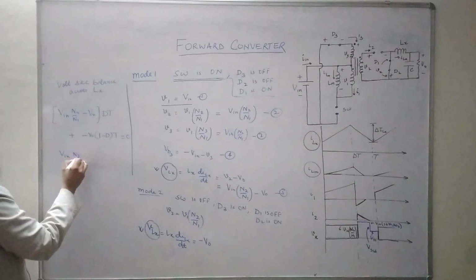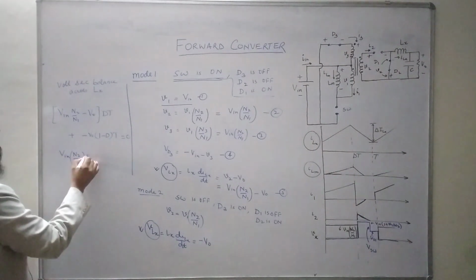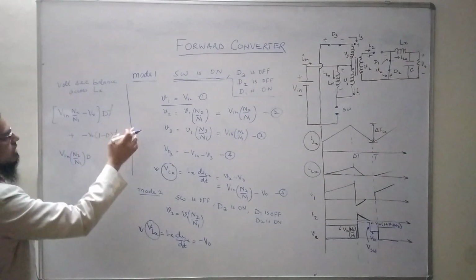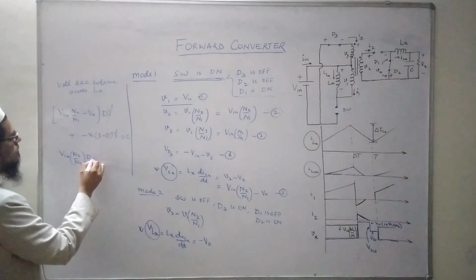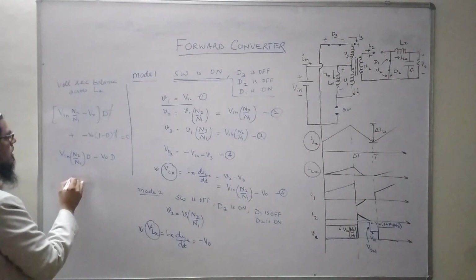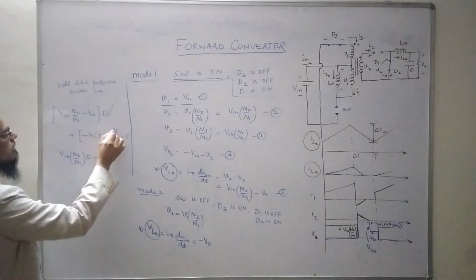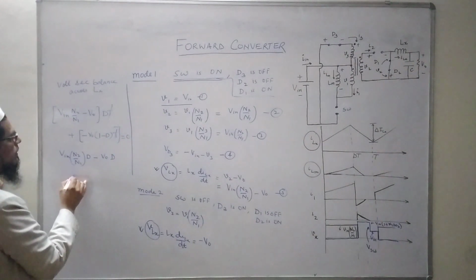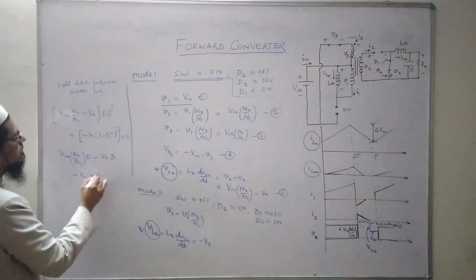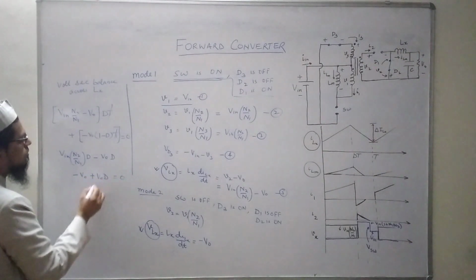V in N2 by N1 times d, and I can cancel T and remove it, so this minus V naught d, and this would result in minus V naught plus V naught d, and this is equal to 0.